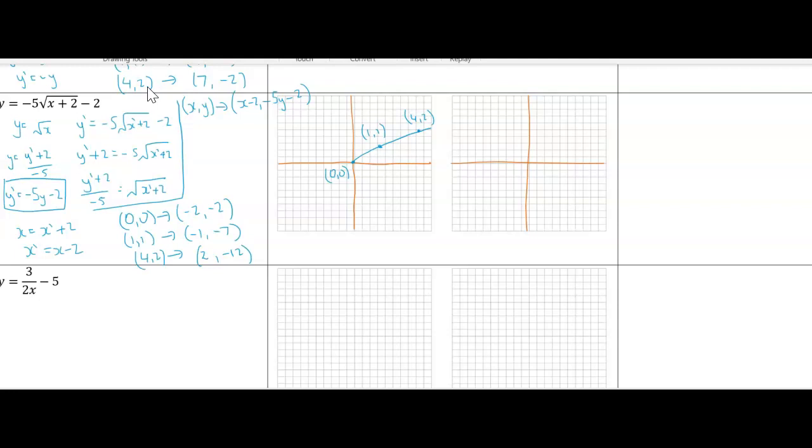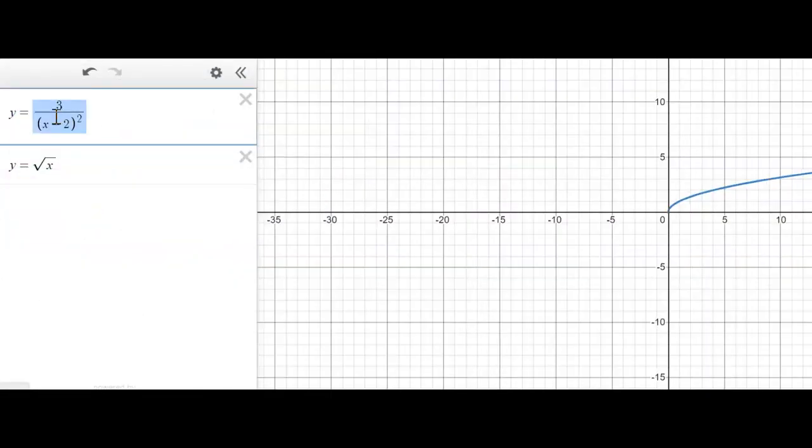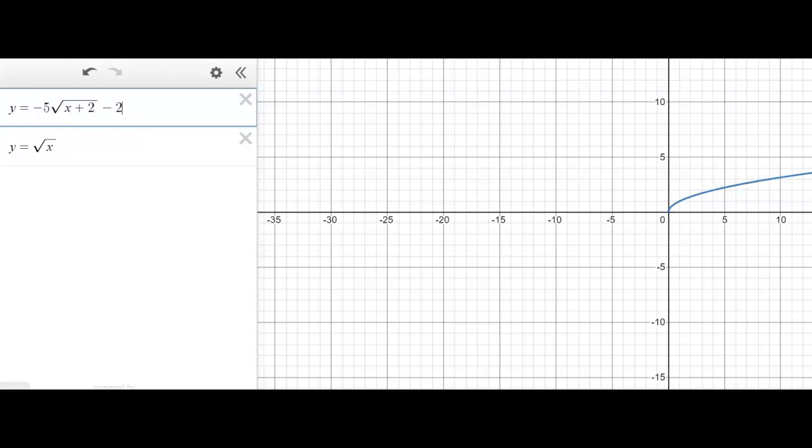All right, so what I'm going to do just before I sketch it is just make sure that I've drawn it correctly. So negative 5, 2, and 2. All right, let's just sketch that.